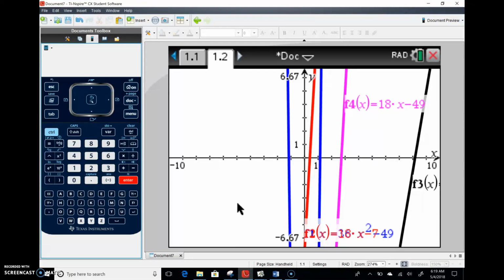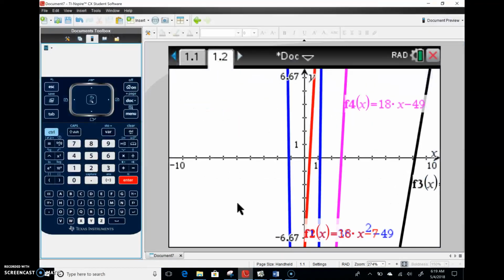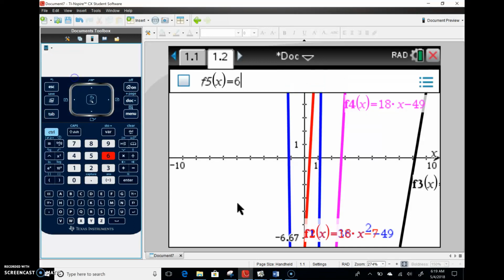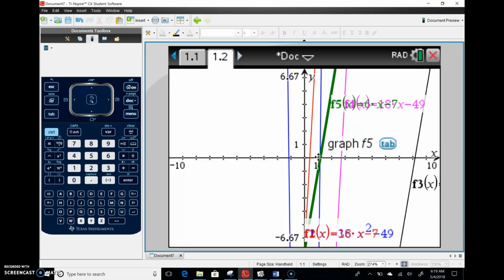That's off. And my last one is 6x minus 7. That should be the correct answer because none of them match. 6x minus 7. Enter. You see that right there? It's the same. It has the same zeros.